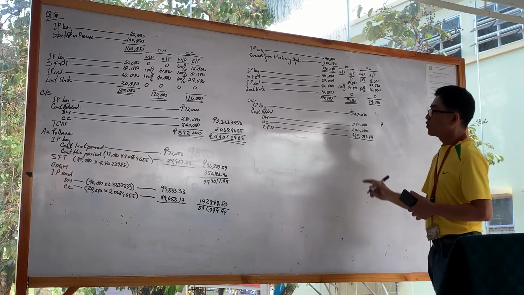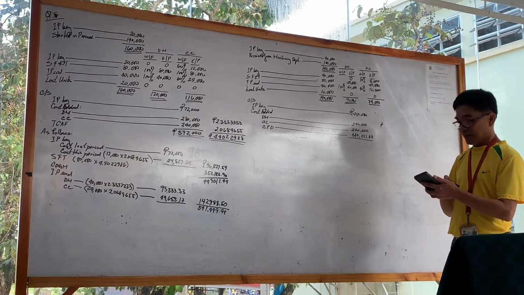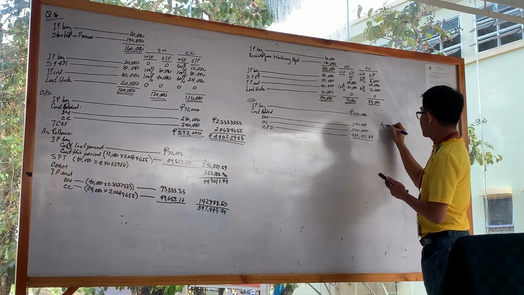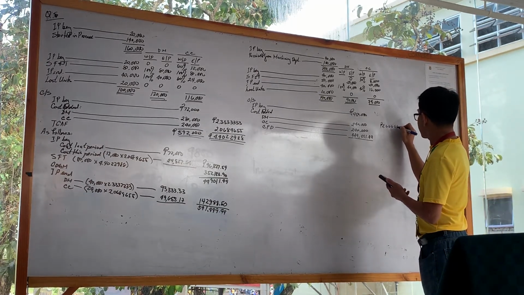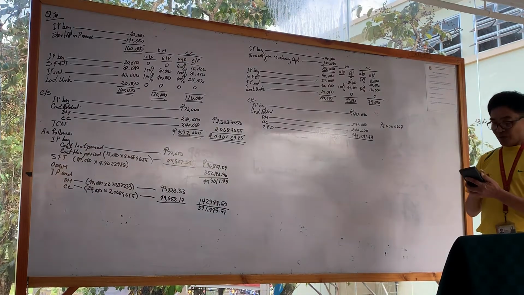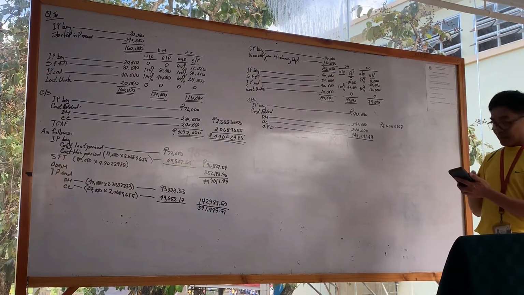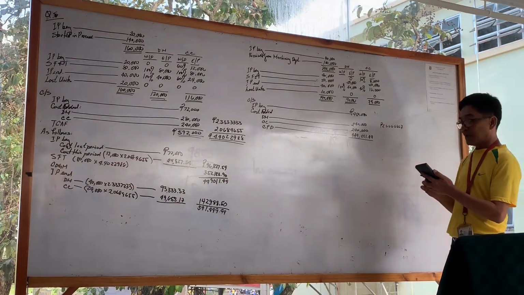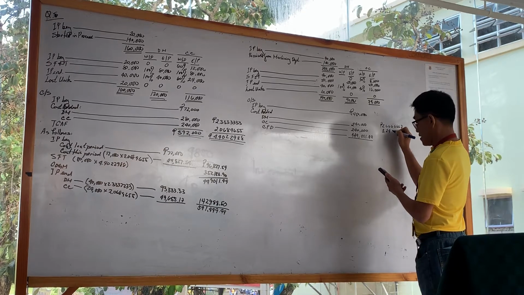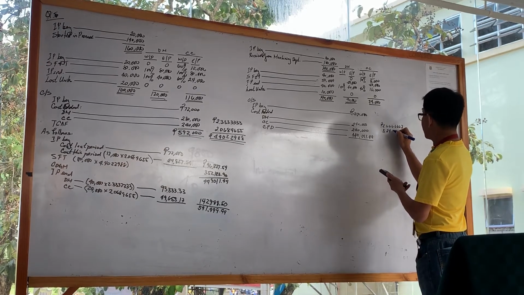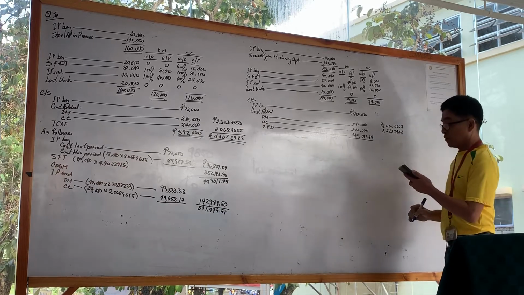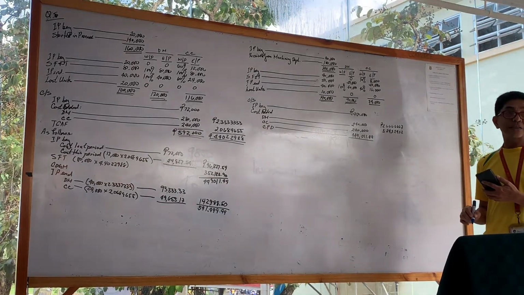Okay, 240 divided by 90 is 2.666667. 240 divided by 74 is 3.2432. Okay?